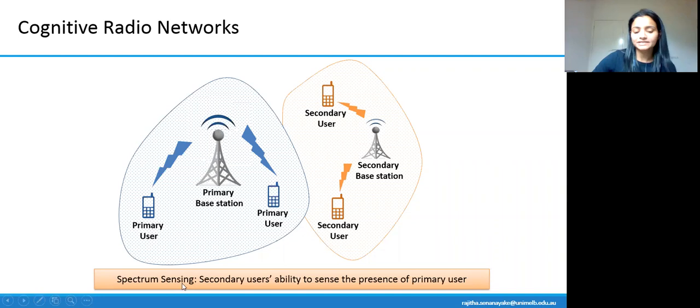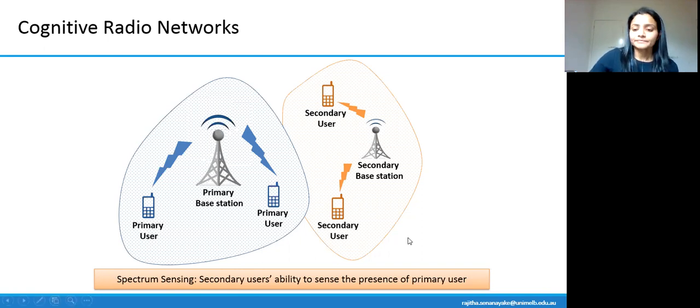What spectrum sensing does is, it is basically the secondary user's ability to sense the presence of the primary user. Based on the received signal, the secondary user makes a decision about the presence or absence of primary users. So you can think of that as a detection problem.